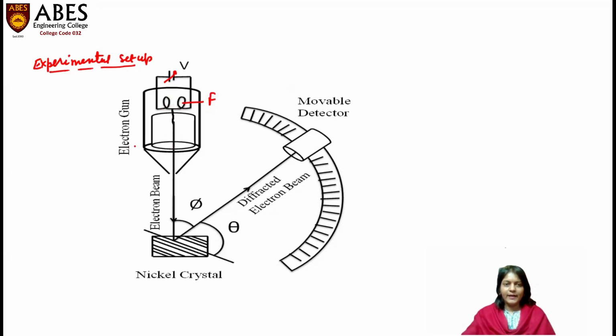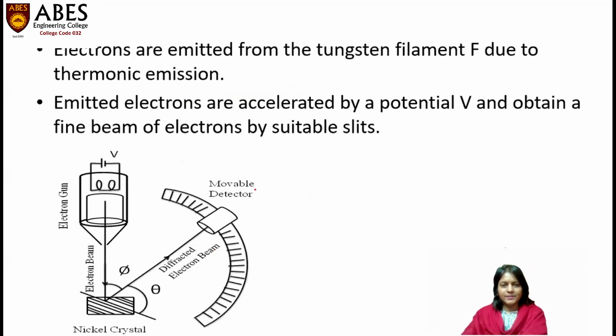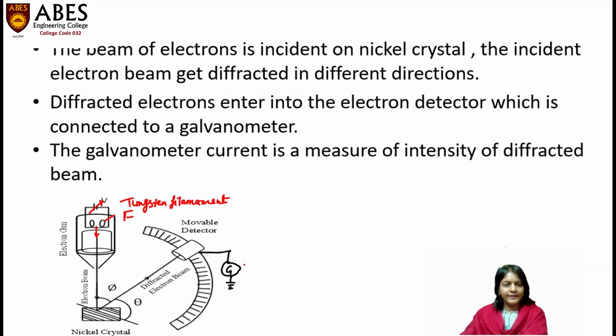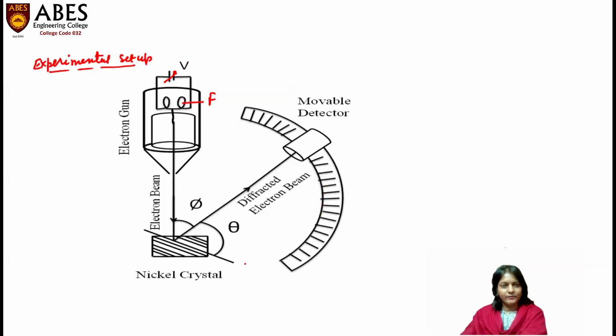This is the slit, and this whole part is called the electron gun. This is the nickel crystal. This is the movable detector, which moves on a circular scale from around 29 degrees to 90 degrees to measure the number of electrons, and it is finally connected to the galvanometer.